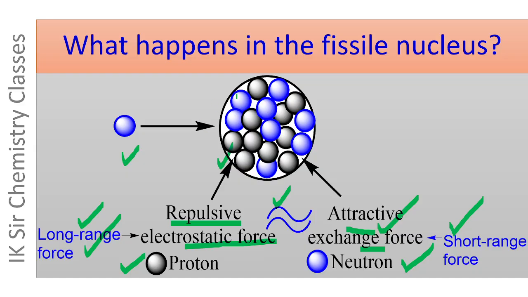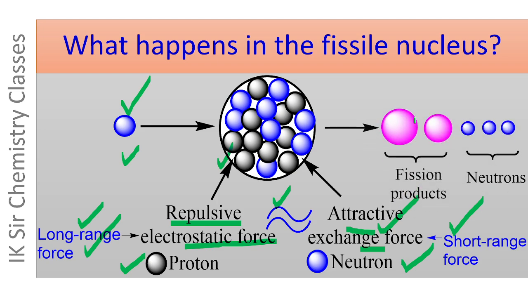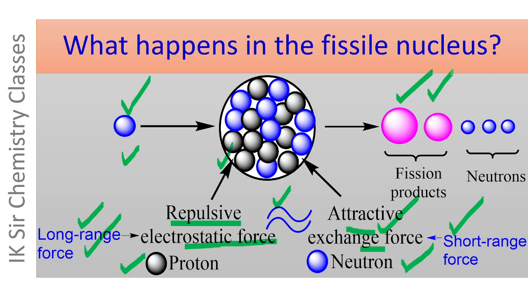This delicate balance is disturbed, is destroyed by the kinetic energy of the incoming neutron, and this nucleus splits up into two smaller nuclei, and during this process 2, 3 or 4 extra neutrons are also ejected. Thus, in the fissile nucleus, there is a delicate balance between attractive and repulsive forces.